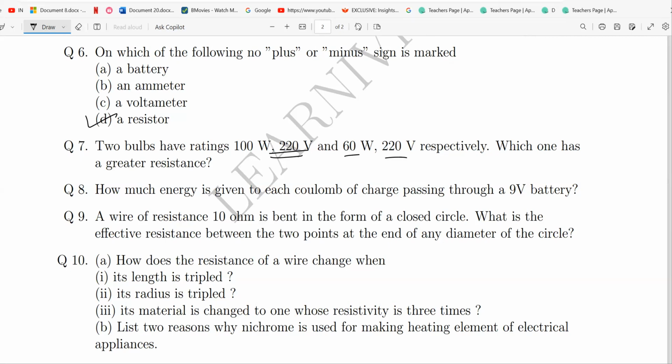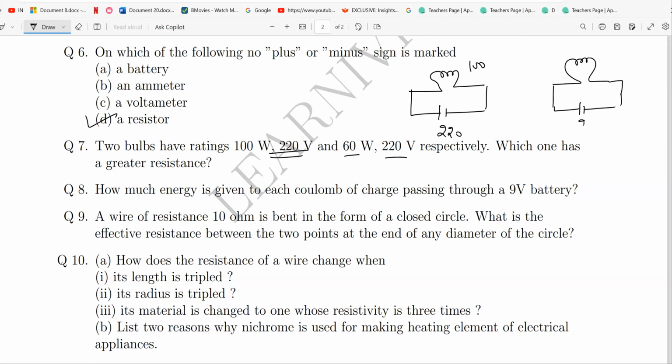And if they are connected in series, the bulb of high power will have low resistance. Here, if they are connected single with 220 volt, one is a 100 watt bulb and the other a 60 watt bulb, we consider them as connected in parallel.